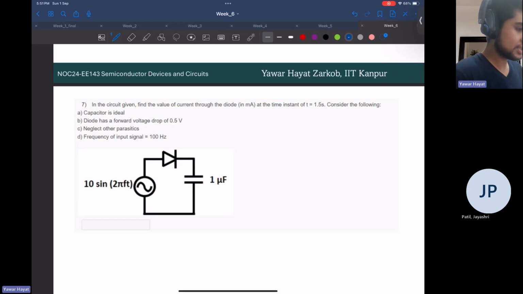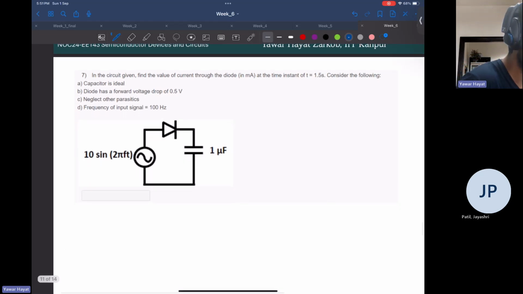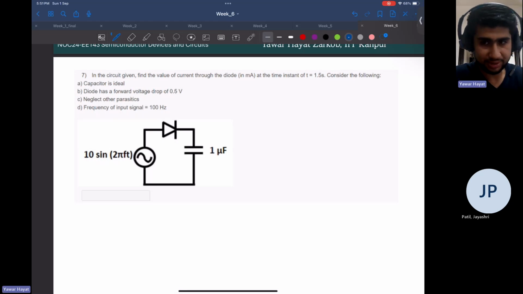In the given circuit, you need to find the value of the current through the diode in milliampere at the time instant of t equal to 1.5 seconds. Consider the capacitor is ideal.